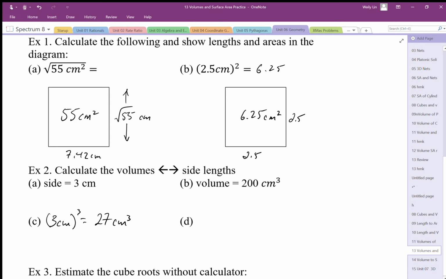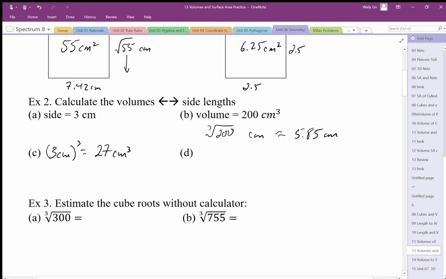So we end up with a side length of 5.85. We could write it as cube root 200 centimeters, which is equivalent to 5.85 centimeters.